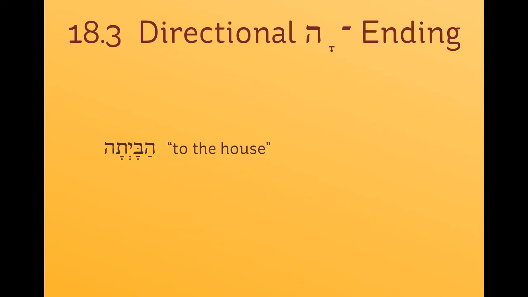I want you to also notice that the directional ending is always unaccented. So habayta, the accent is right here. And noticing that the directional ending is always unaccented will help you not be confused by the other kametz he endings that we have been used to seeing. So the feminine singular ending on nouns is kametz he, and that is always accented. Isha means woman.